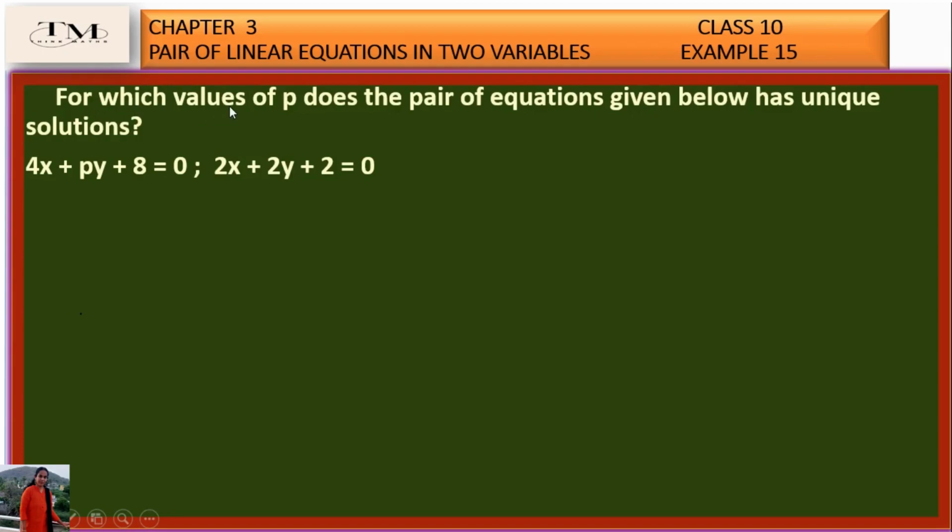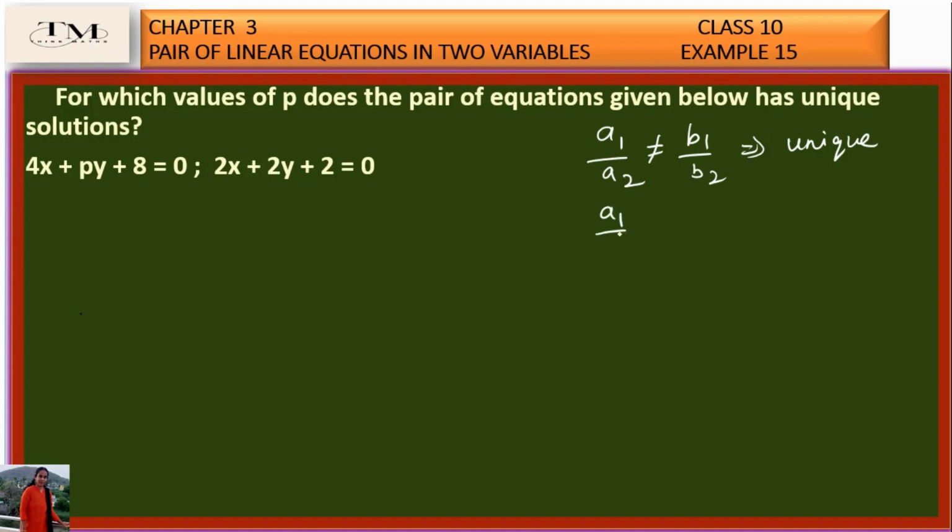For which values of P does the pair of equations given below have a unique solution? Before going into the problem, we know that there are three conditions. If A1 by A2 is not equal to B1 by B2, then the solution is unique. There's only one solution.